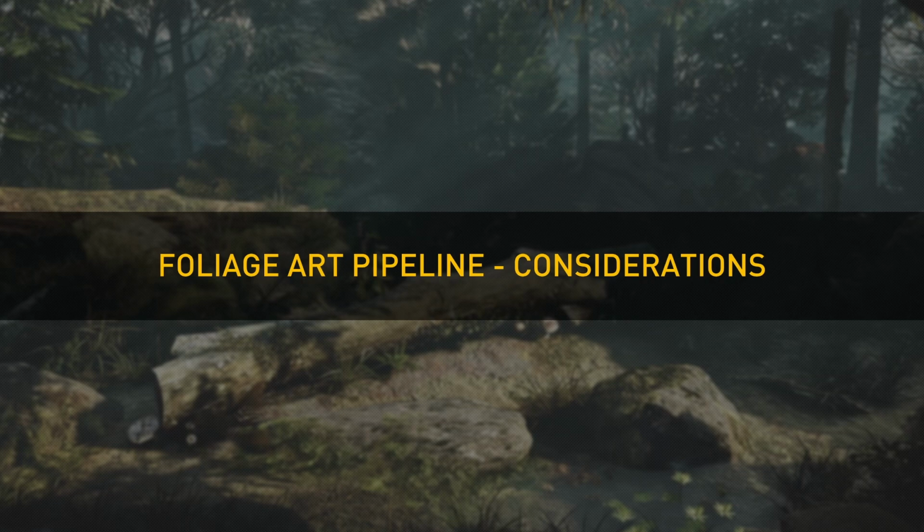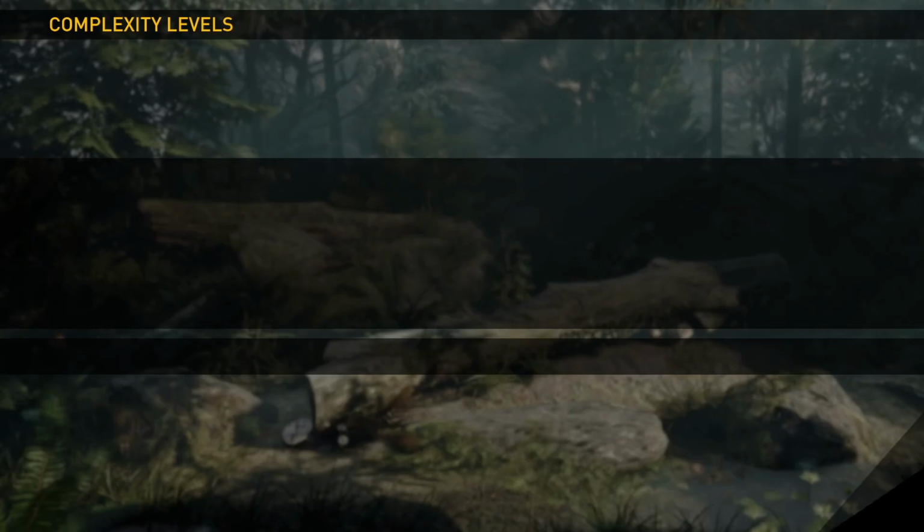This is more about the way of thinking as a foliage artist and what you need. And we're going to start off looking at different complexity levels, so we can have a better understanding of what types of foliage exist.